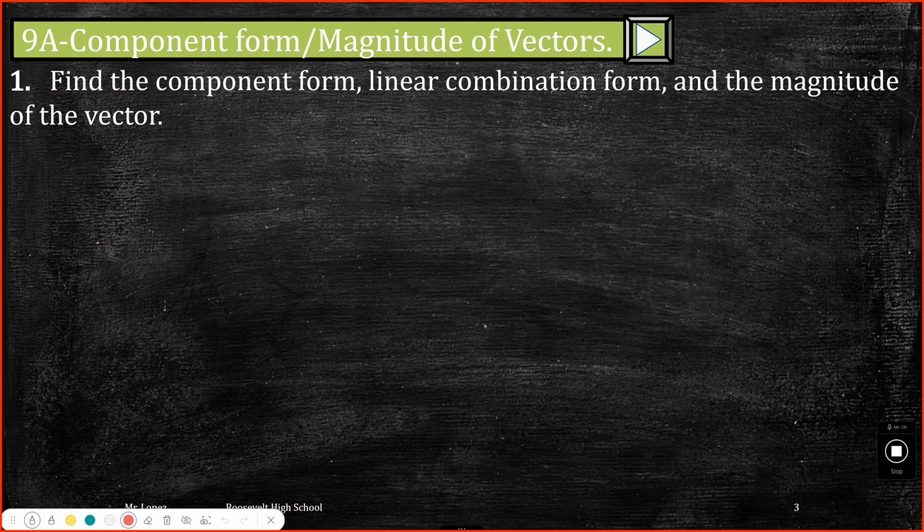So, component form and magnitude of vectors. Find the component form, the linear combination form, and the magnitude of the vector. On a flat surface, let's say you have an initial point and a terminal point.